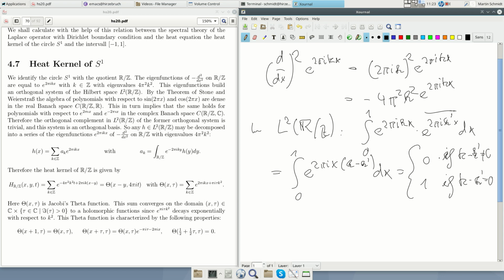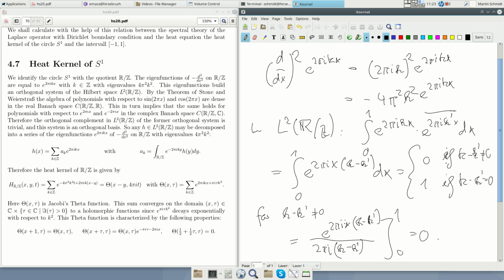So if we evaluate the exponential for k minus k prime not equal to 0, this is equal to exponential of 2 pi i x (k minus k prime) divided by 2 pi i (k minus k prime), evaluated from 0 to 1, and this is 0.